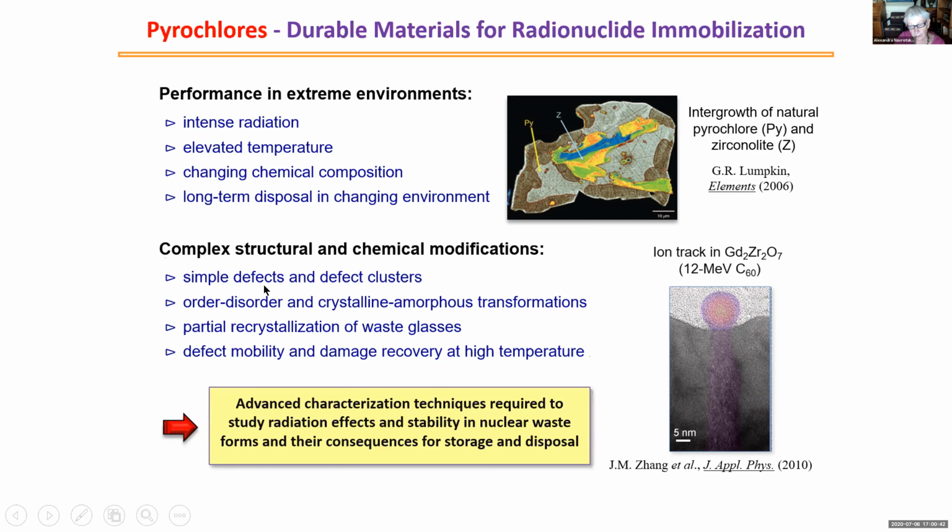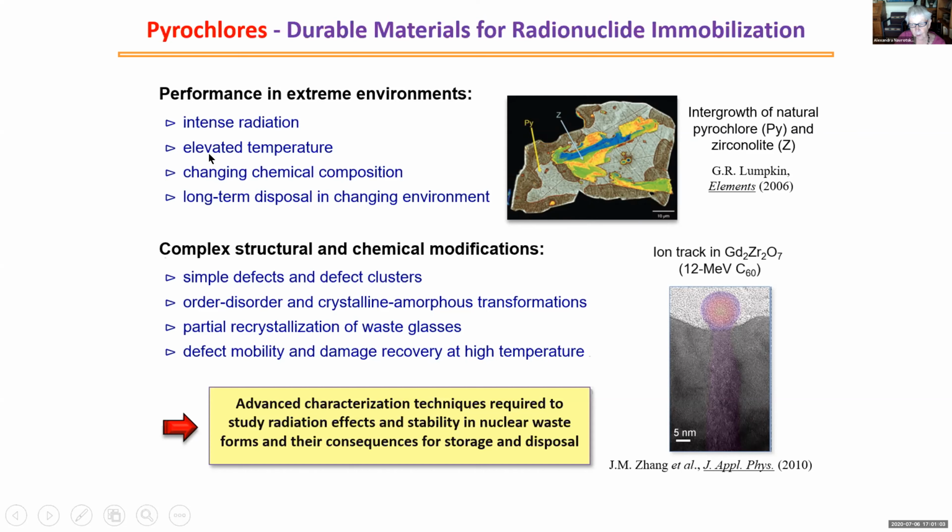And then in order to understand these, one needs a combination of techniques. And we have been working on this for almost 20 years now. We were part of a large center, a National Science Foundation Science and Technology Center. I'm sorry, that was on high pressure.